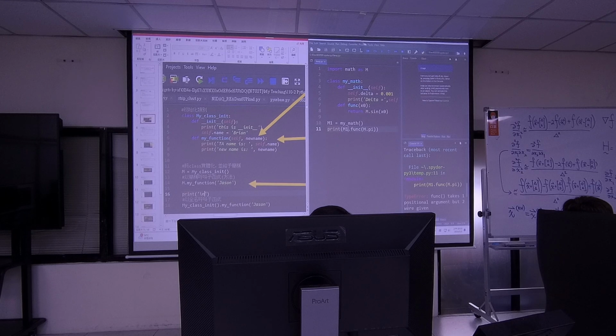For text one composition argument, the 2 were given. 2 were given? Sorry, M1. Oh no, M is here. This is fine.